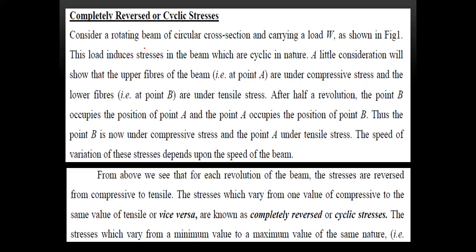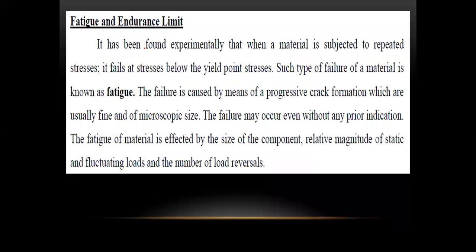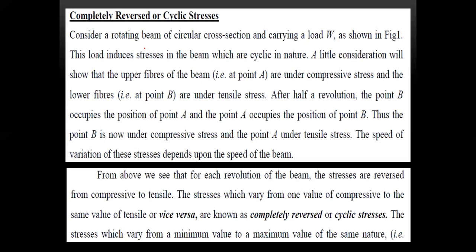Therefore, at a point A, a little consideration shows that the upper fibers of the beam are under compressive stress and the lower fibers are under tensile stress. After half a revolution, point B occupies the position of point A and point A occupies the position of point B. Thus, point B is now under compressive stress and point A is under tensile stress. Okay, point A is under tensile stress.